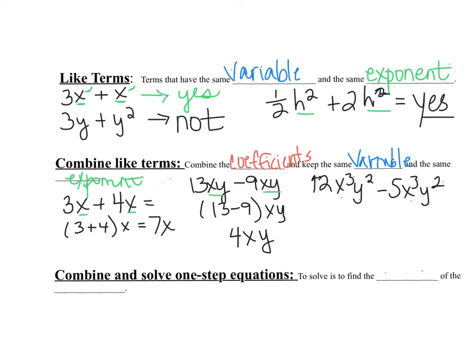So yes, I have like terms. Like terms, check. That's LT, check. Okay, so I'm going to combine my coefficients, and then I keep the variables and exponents the same. 12 minus 5, 7.